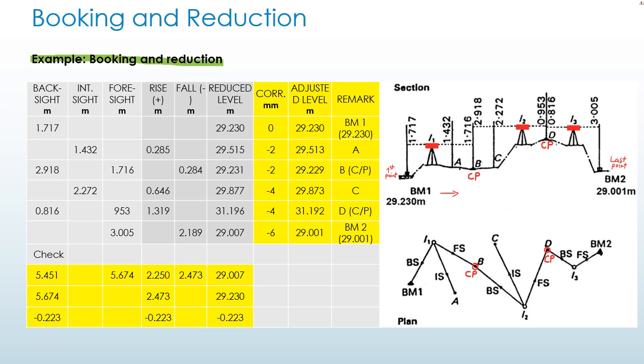And you can see that after the calculation, if you make it right, you will have the same elevations of the first point here, benchmark number 1, and the last point here is the benchmark number 2. So this is the adjusted level, the same as the known value.